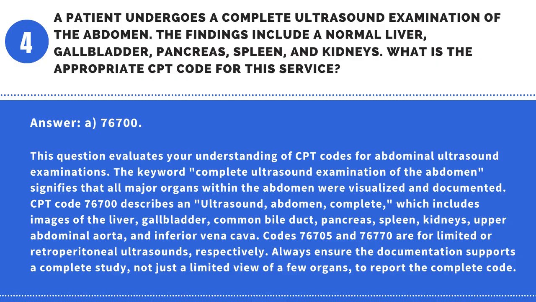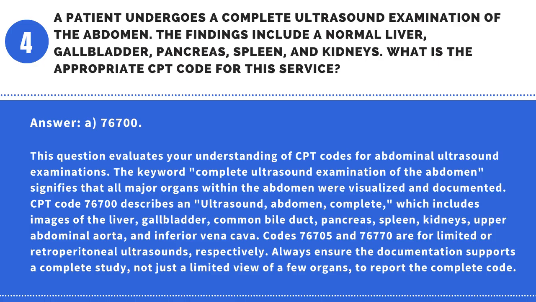CPT code 76700 describes an ultrasound abdomen complete, which includes images of the liver, gallbladder, common bile duct, pancreas, spleen, kidneys, upper abdominal aorta, and inferior vena cava. Codes 76705 and 76770 are for limited or retroperitoneal ultrasounds, respectively. Always ensure the documentation supports a complete study, not just a limited view of a few organs, to report the complete code.